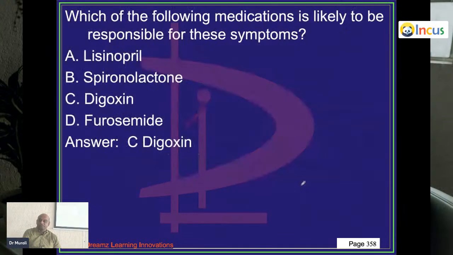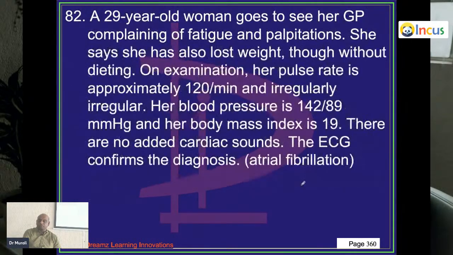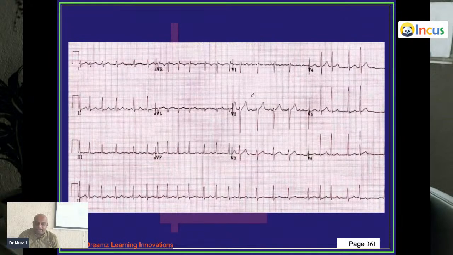Then, a 29-year-old, fatigue and palpitations, lost weight, and there is atrial fibrillation.